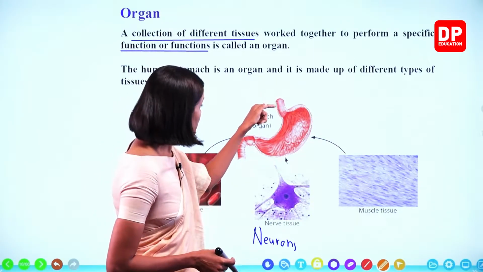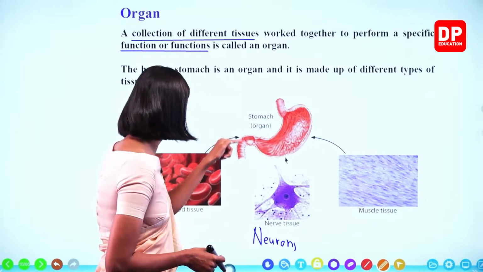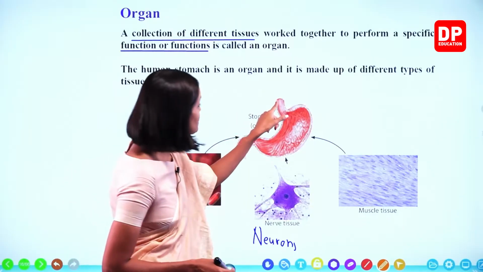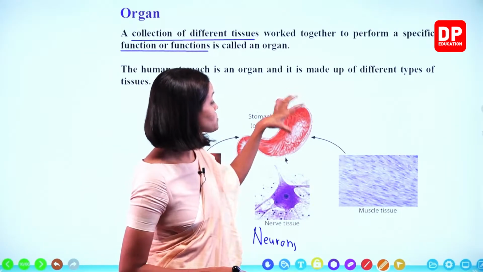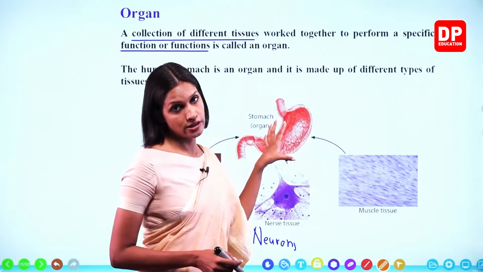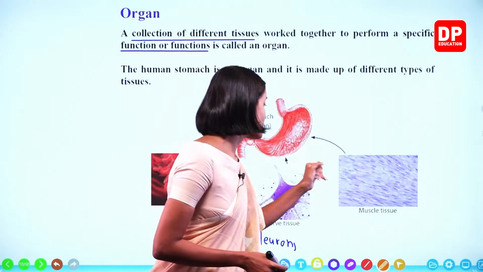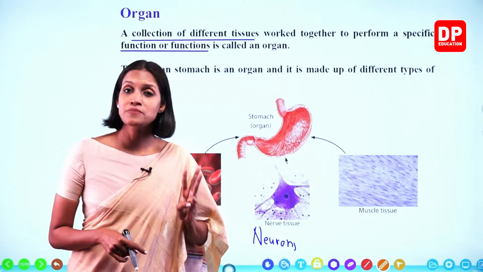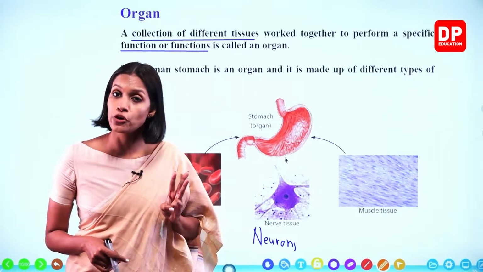Now, when you consider the wall of this stomach, it is a sac-like structure. In that wall, there are different types of muscles present. Do you remember? I explained that there are three main types of muscles in the human body.